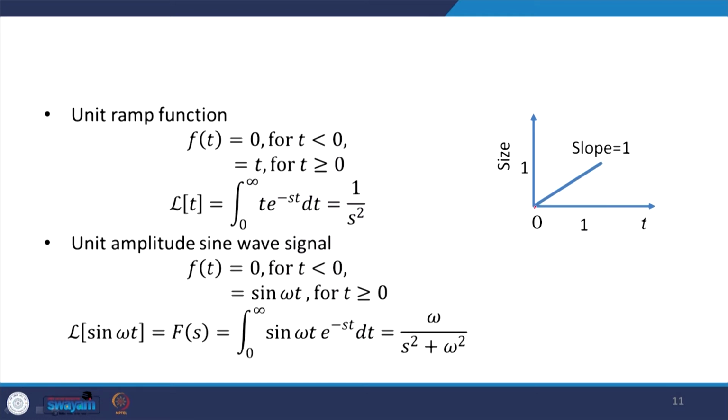For the unit ramp, the Laplace transform is 1 by s square. For a unit amplitude sine wave signal, the Laplace transform is omega by s square plus omega square, where omega is the frequency of the sinusoidal signal.